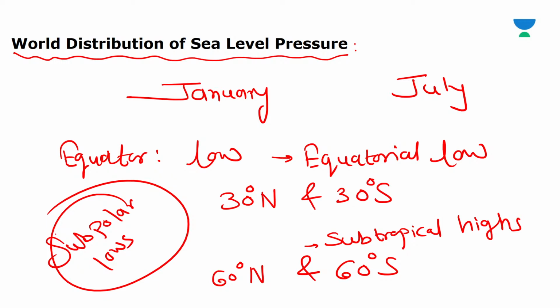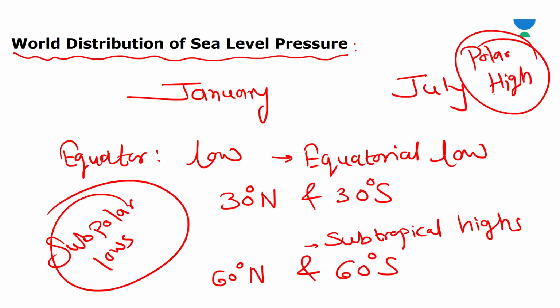So near the poles, the pressure is high and it's known as the polar high.